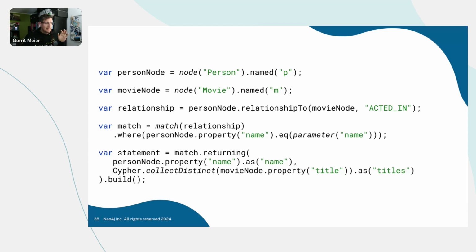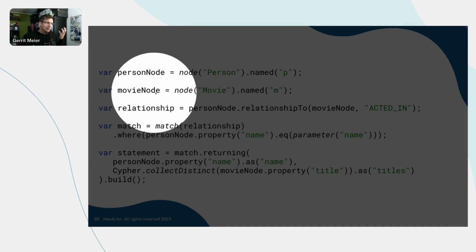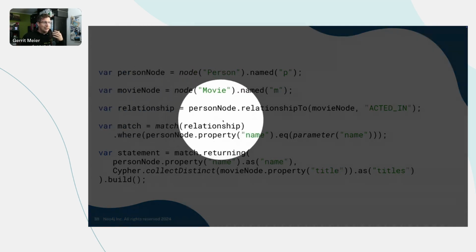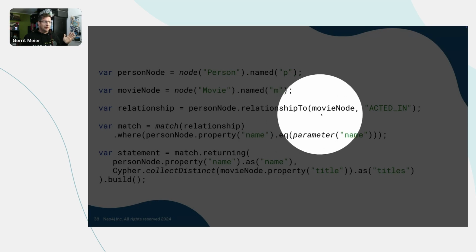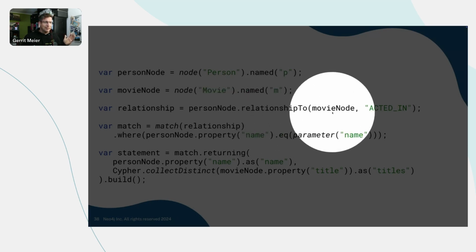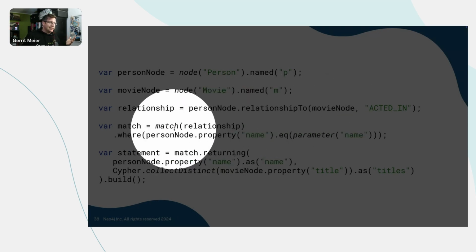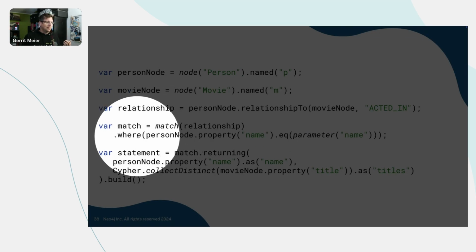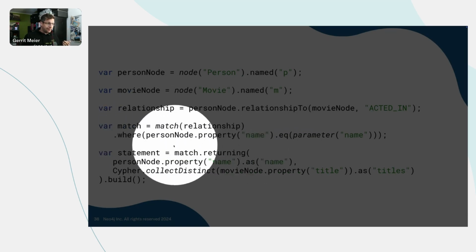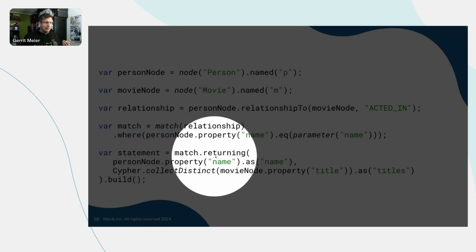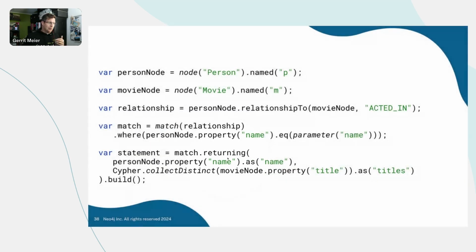And the interesting bit is not that you can create person nodes, etc. We can then create broader objects like a relationship, where we put in a person node that is related with a movie node. We can then put around the match statement. Then we have the match with the condition. And then finally, we do the return clause. And as you can see, those patterns, those parts can be reused.